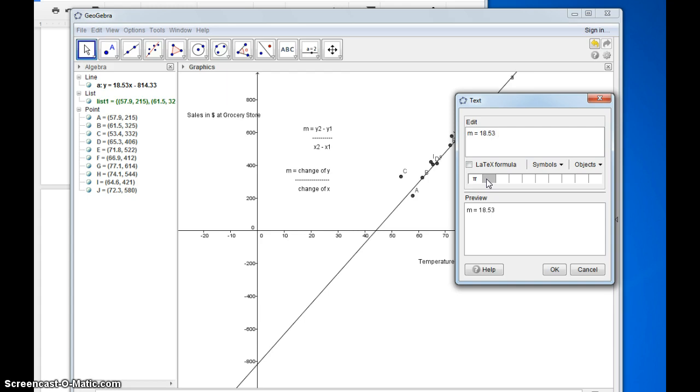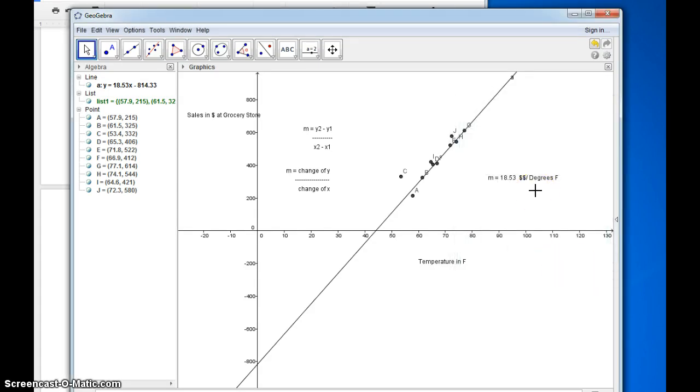Instead of the change of y, we're going to put the units of y, which is dollars, divided by the units of x, which is degrees Fahrenheit. And divided by also is per. So if we are going to interpret this, it says 18.53 dollars for every degree Fahrenheit.